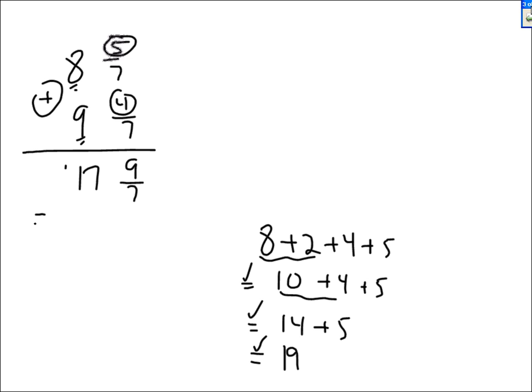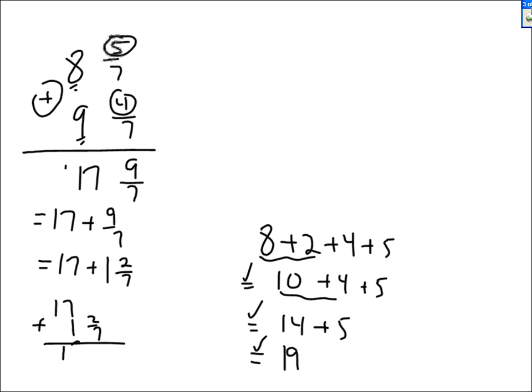This means 17 plus 9/7. But 9/7, well, 7 goes into 9 one time with 2 left over. Now, if you like, you can just line this up and add them. You get 18 and 2/7, and that's your answer.